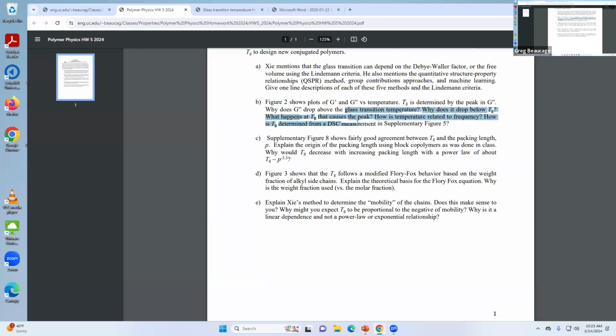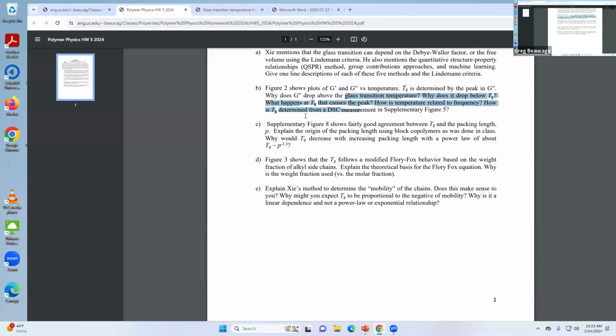Anyway, there's a lot about that, but basically there's a need-to-know approach in this thing. So hopefully you can figure it out. This thing I talked about, I think some people got this, some didn't. I should have said Fox equation, not Flory-Fox. That's my mistake.